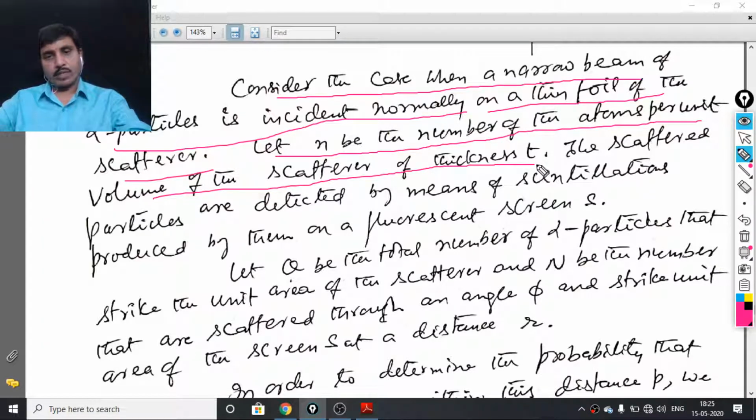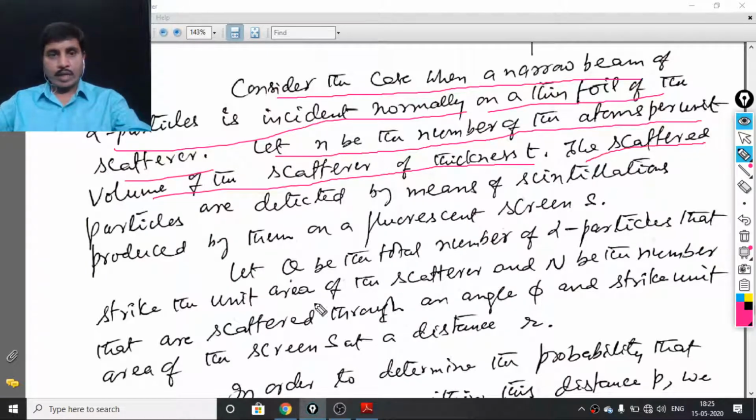Rutherford took the scatterer as thin gold foil. Here the thickness of the gold foil is t and the gold foil contains number of atoms per unit volume n.